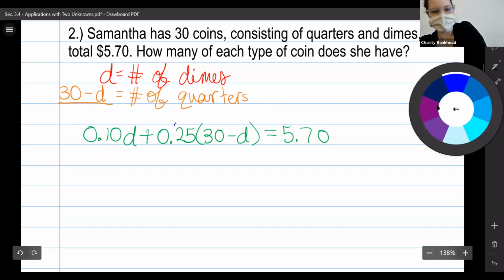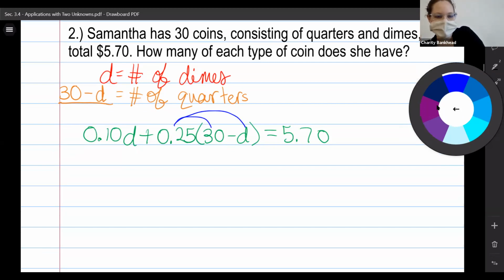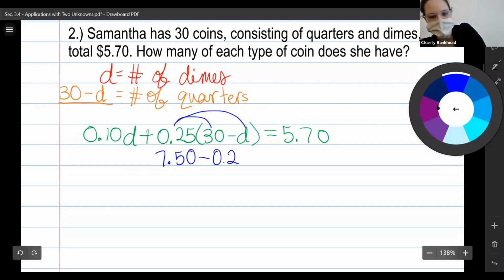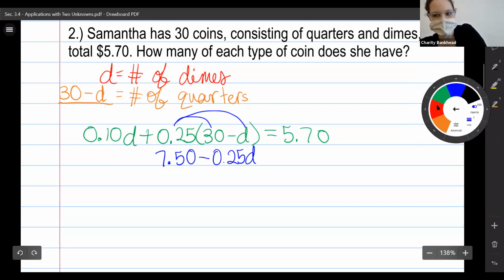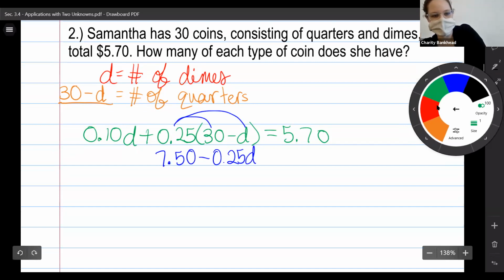So I'm going to distribute 25 cents. So 25 cents times 30 is going to equal $7.50 minus 0.25D. And then I'm just going to bring the rest down. So I have 0.10D plus 7.50 minus 0.25D equals 5.70.